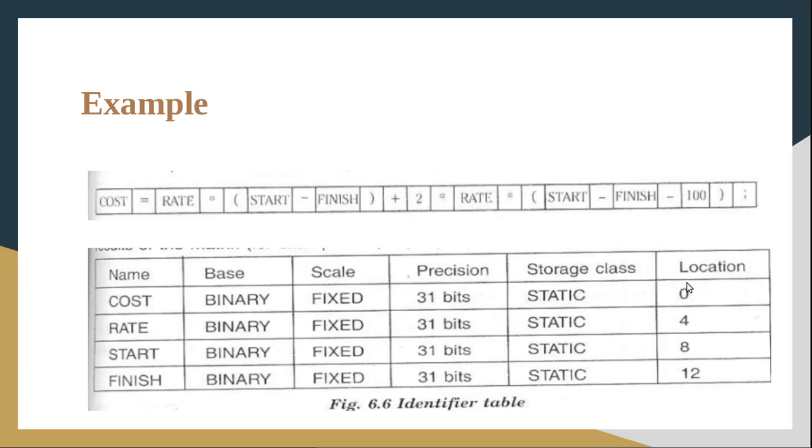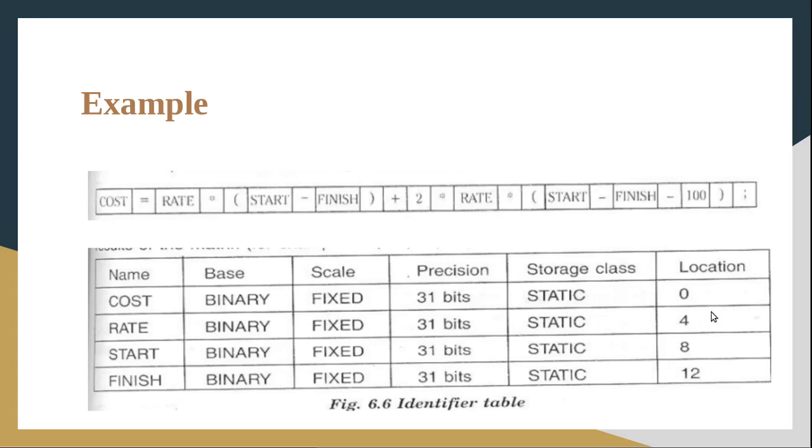So here this location is the relative location. Relative location will always start with 0. Since each variable takes 31 bits, stored in 4 bytes, and each memory location contains 8 bits, the next variable will start from the 4th location. Similarly, the next one will start from the 8th location, then the next from the 12th location.